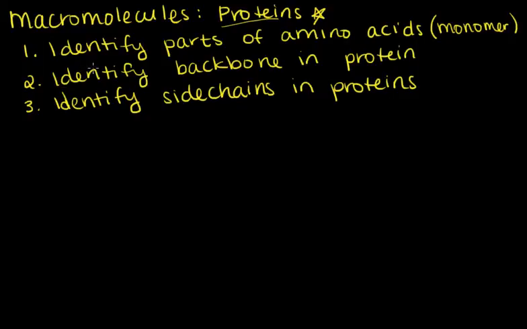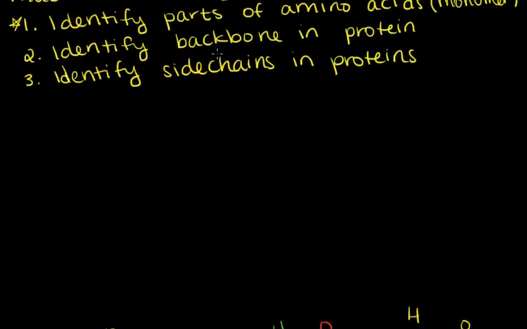Our second goal is to identify the backbone in a protein, because if you can identify the backbone, you can see the repeating units and you can see if it's a monomer or a polymer. And then the third goal is to identify the side chains in proteins. If you really understand the first part, the second part and third part are going to come very, very easily to you. And don't worry, we're going to work a lot on this during class as well.